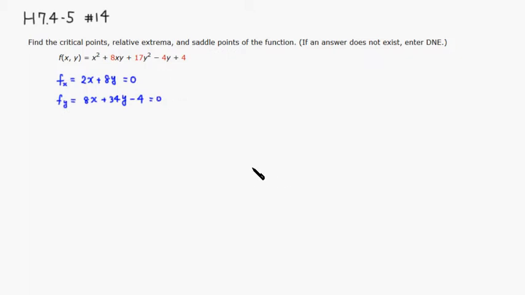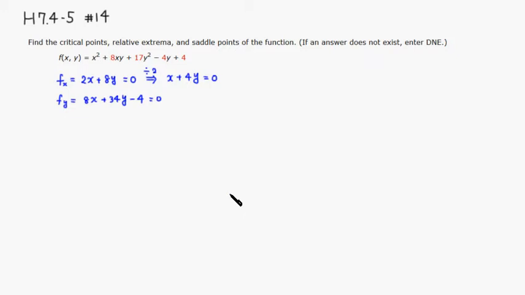Let's try to simplify this a little further. It looks like both of them are even numbers, so I'm going to just divide through by 2. So we have 2 plus 4y equals 0.